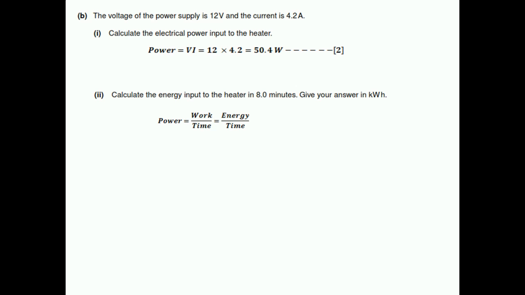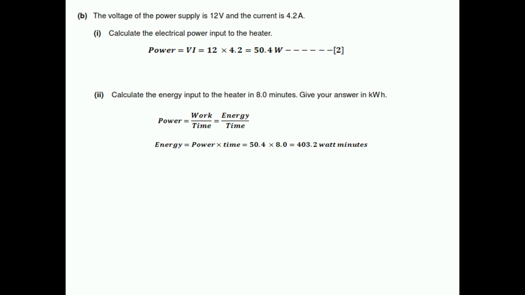The relationship between power and energy is that the rate of doing work is called power. The formula of power is P = W over time, because energy is the ability of doing work. So power is equal to energy by time. But in this question we have to find the energy, so the formula is rearranged: energy is equal to power into time.